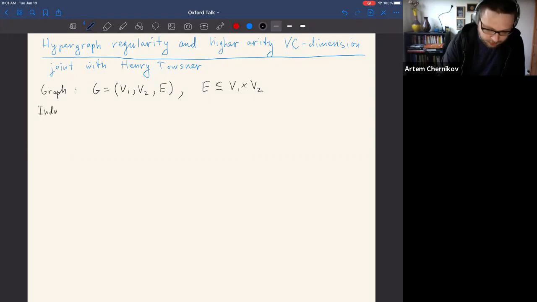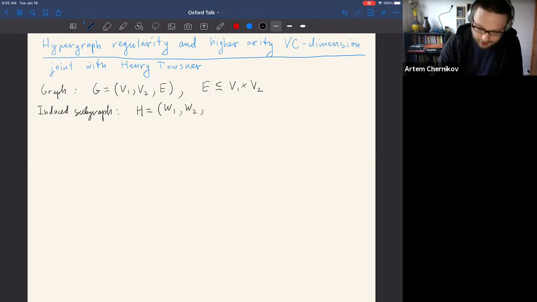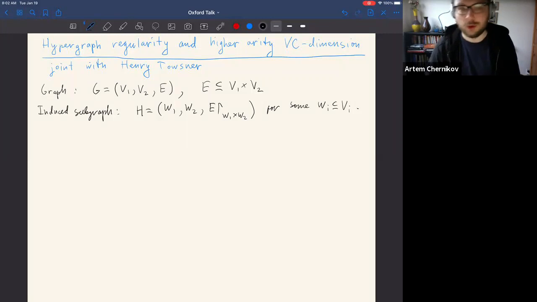I will also talk about induced subgraphs. So an induced subgraph of G is a graph H with parts, let's say we denote them W1, W2. And the edge relation is the one induced from the original graph. So the edge relation is just E restricted to W1 times W2 for some subsets Wi subset of Vi for i equals 1 or 2.